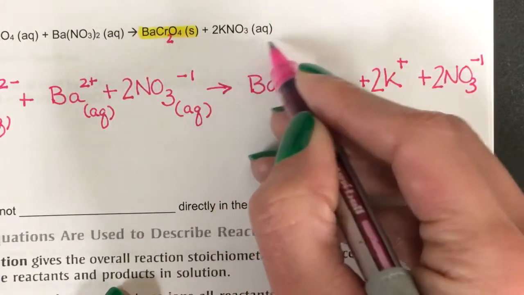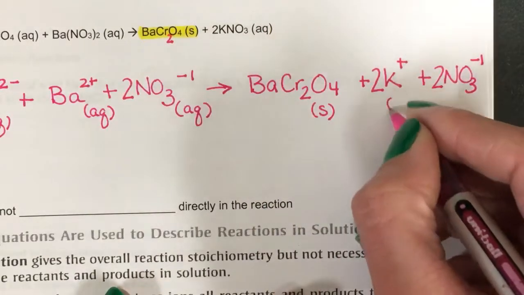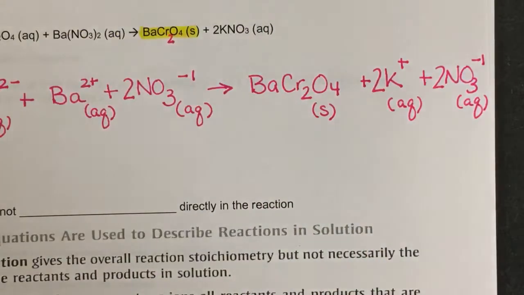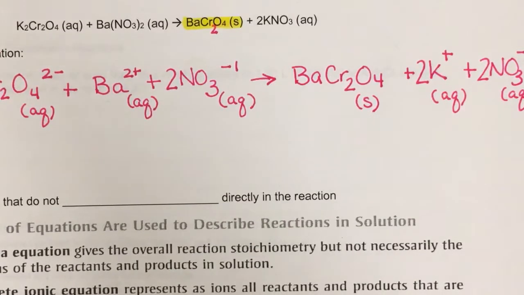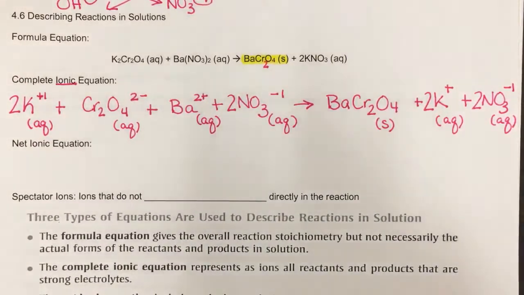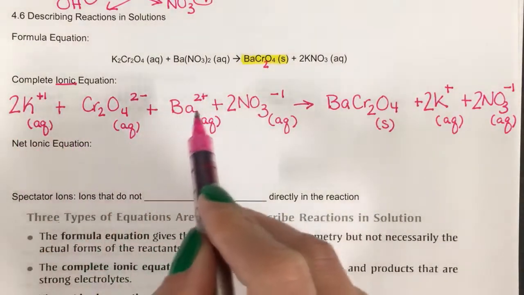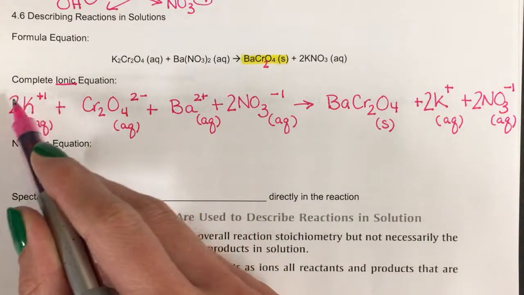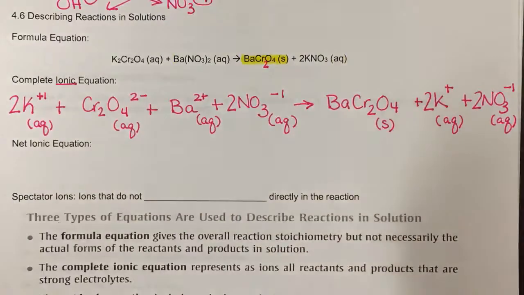Both of these started life as aqueous, which is why I was able to break them apart, because they dissolved. Now, in the complete ionic equation, it's very important that I show not only all of the ions, but their charges, the number of them, and their states. Okay? So the complete ionic equation shows everything that breaks apart into ions.